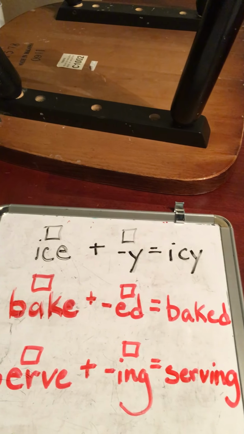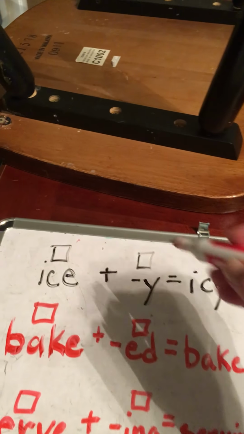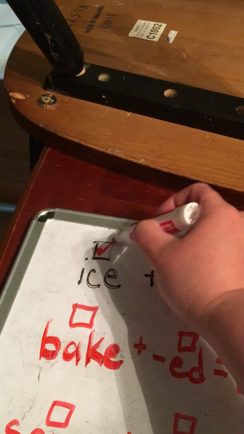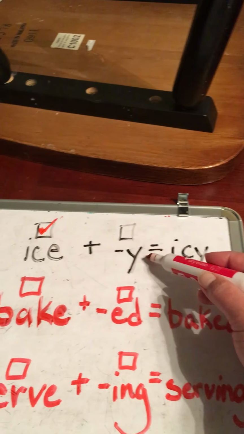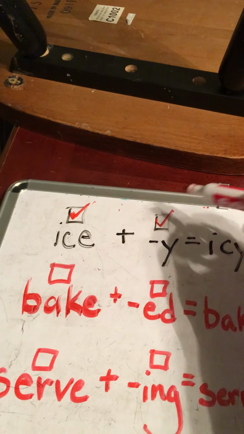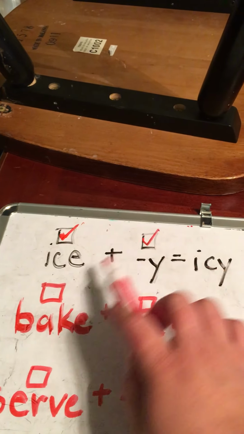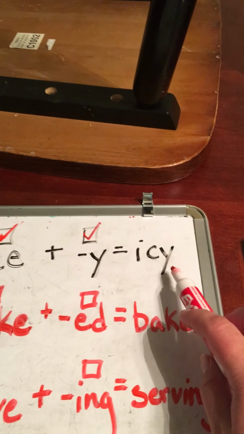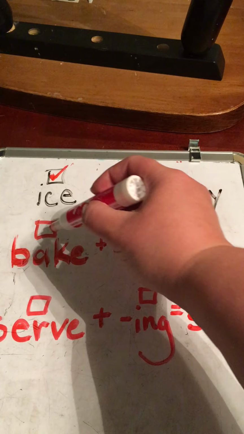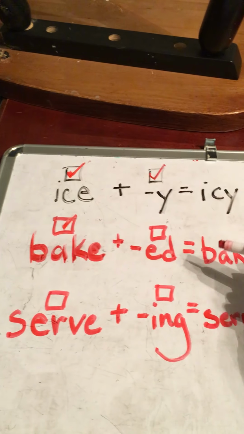So if we have two check marks, that will tell us to drop the silent E. So let's try it with the first one. Ice, does it end in a silent E? Yes, check. Suffix Y, is it a vowel suffix? Check. Two check marks means we drop the E when we write out the word icy. Let's try it again with bake. Silent E, yes.